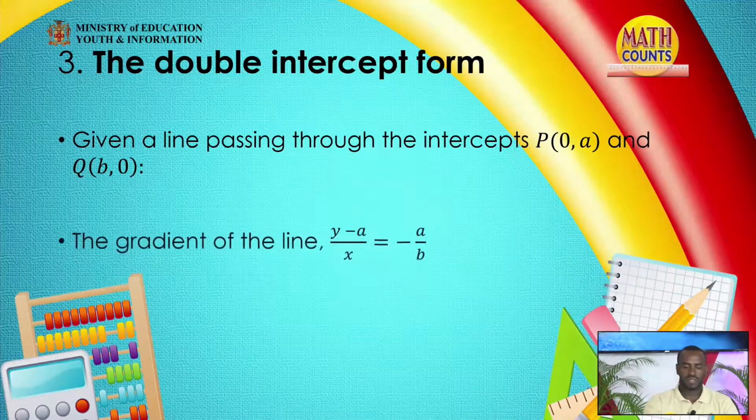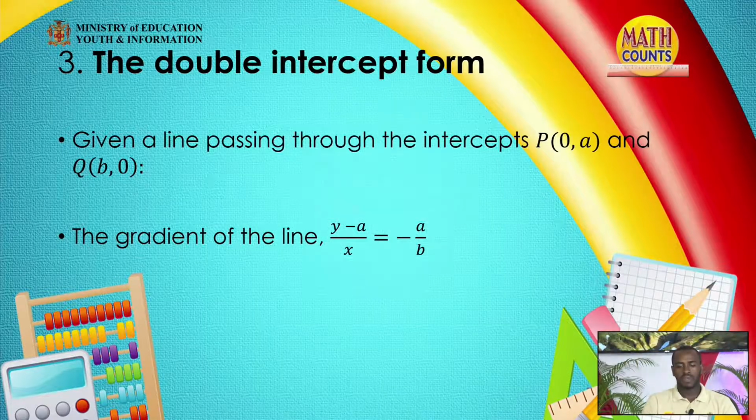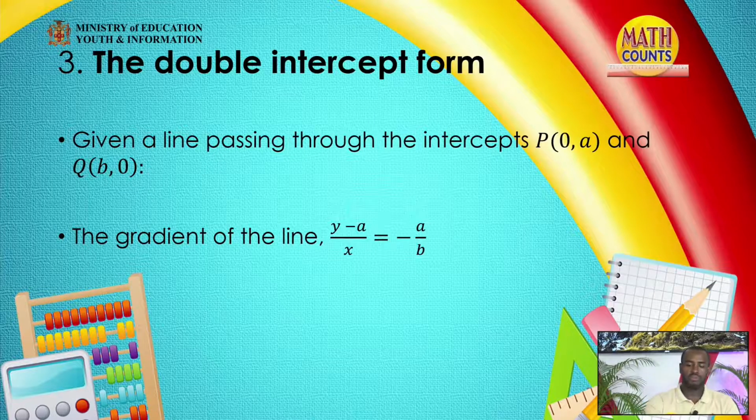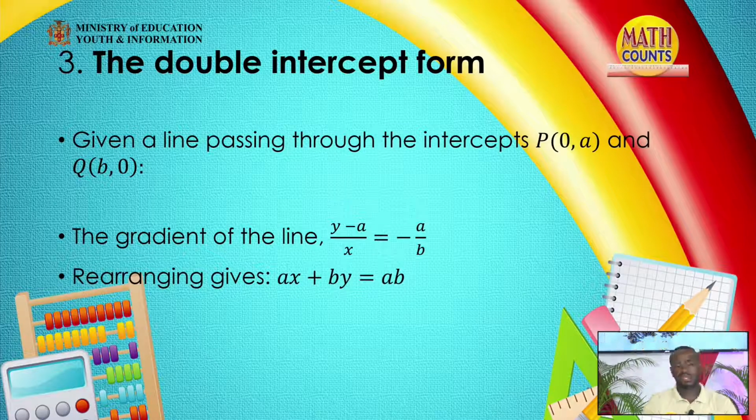Let us look at how we find the gradient of such a situation. The gradient of the line is y minus a of x is equal to negative a of b. When we rearrange this equation, then we will get ax plus by equals ab.